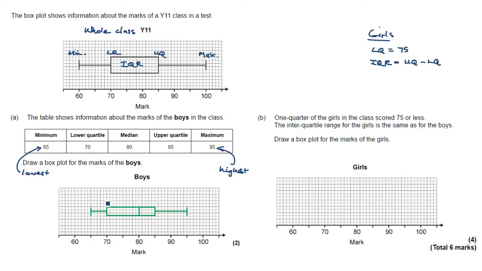So let's go back to this plot here. Now the IQR for the boys, or let's say the upper quartile for the boys, is 85. The lower quartile for the boys is 70.